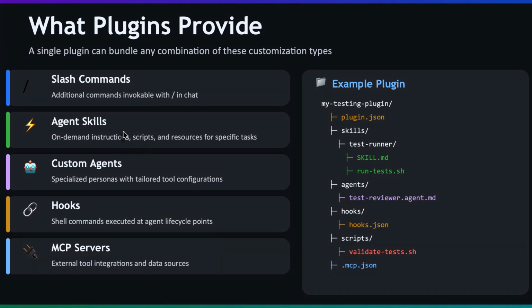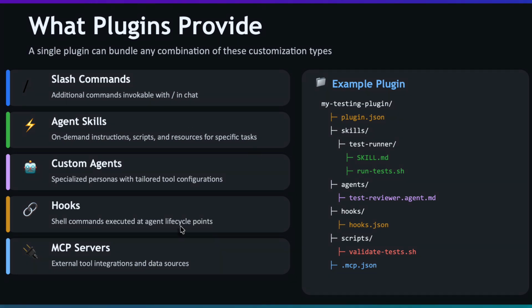Again, you can execute them using / commands, or they can be invoked internally by agents based on your prompt. These are reusable instructions, scripts, and resources bundled together as a single skill. Then we have custom agents, which help us define specialized personas with tailored configurations and enable context-aware interactions.